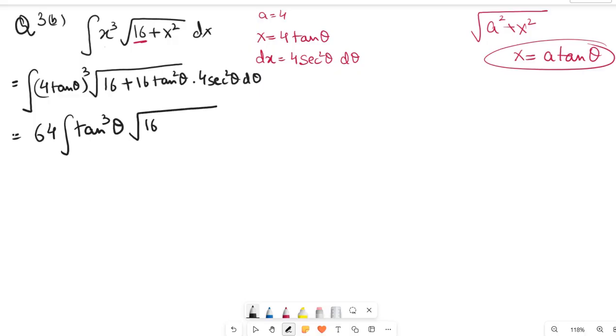In here, I can factor 16 out. Inside, I would have tangent square theta plus 1. Actually, this 4 also will multiply with this, so that will become 256, I think, and secant square theta d theta.